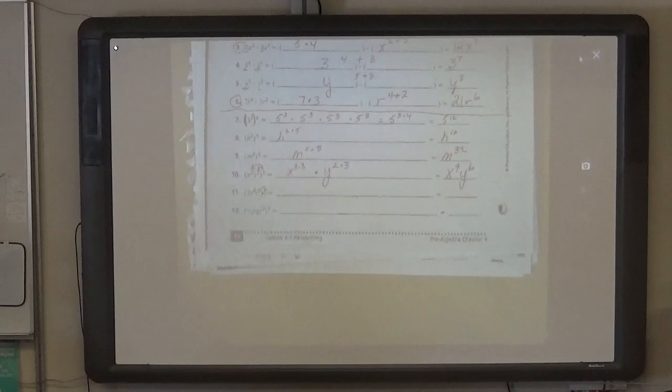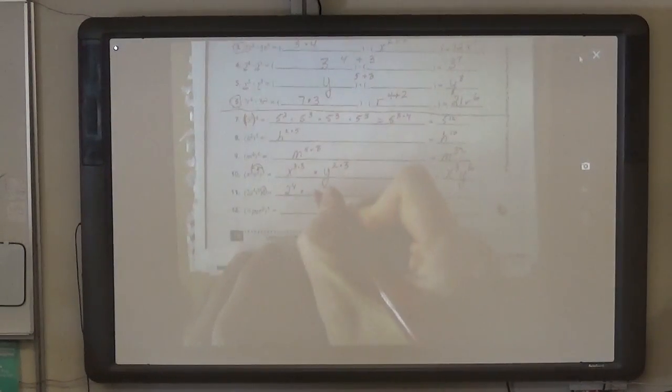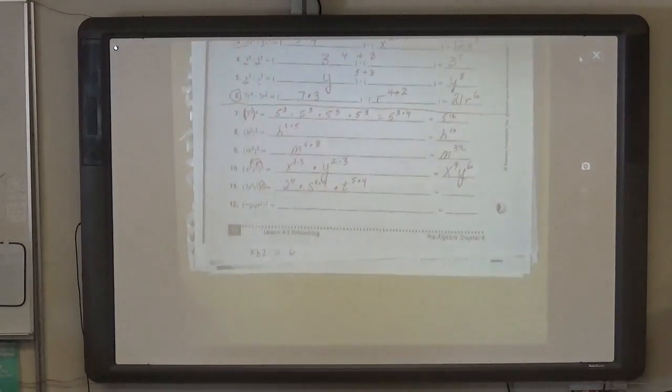So 2 to the 4th power times s to the 4 times 4, times t to the 5 times 4. What's 2 to the 4th power? 16. 2 times 2 times 2 times 2.